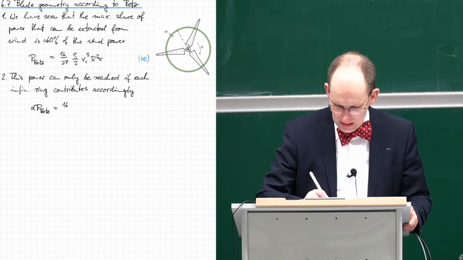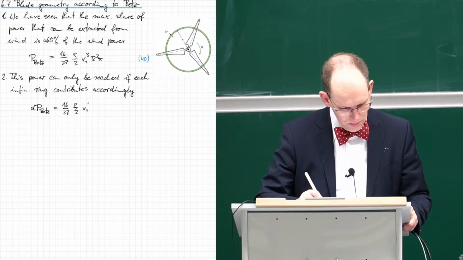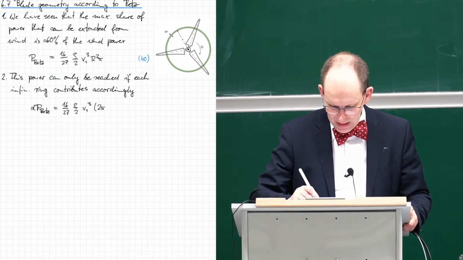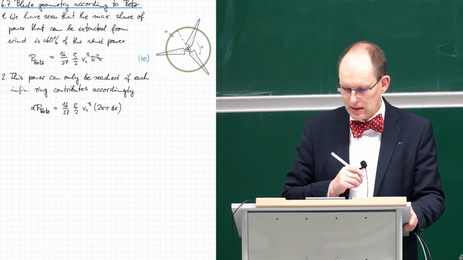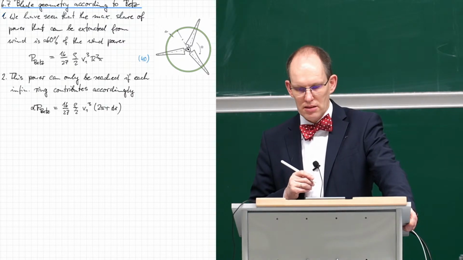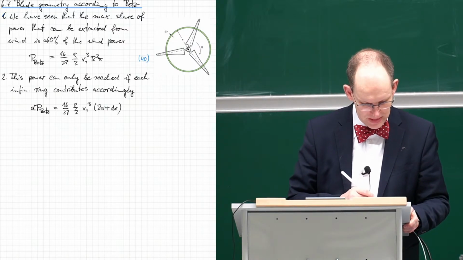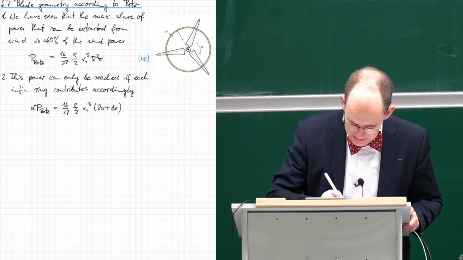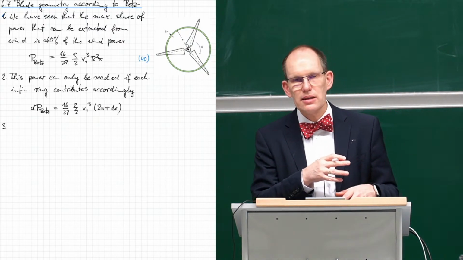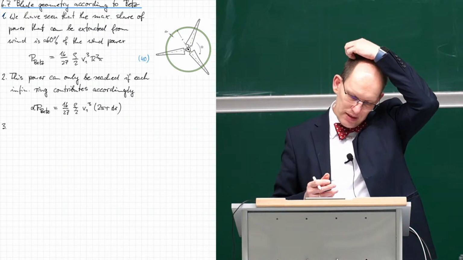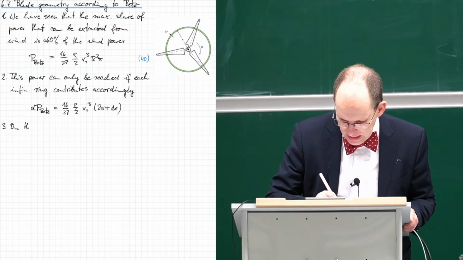So this is 16 over 27 rho over 2 V1 cubed, and then 2 pi, the circumference, 2 pi r times dr. That's the area corresponding to the green shaded ring that I've drawn. So this is one side of the equation, the right-hand side, of the equation that we want to construct.